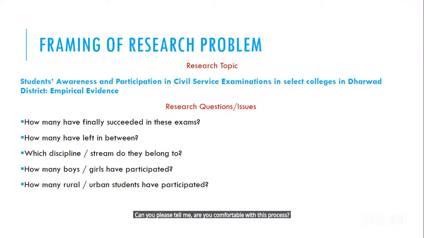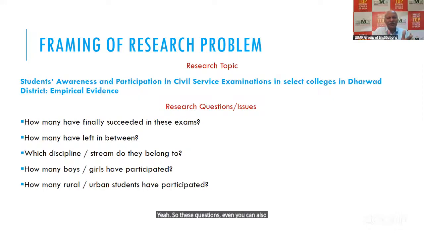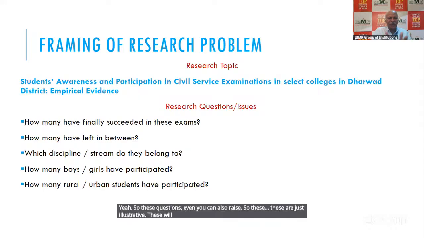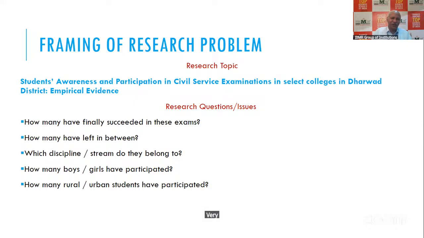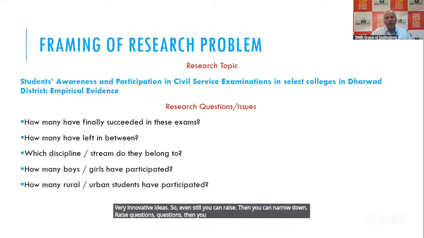So even you can raise these questions. They are just illustrative, and will give ample ideas to your mind, and you can come out with much better, very innovative questions. Then you can narrow down and bring them to specific objectives.